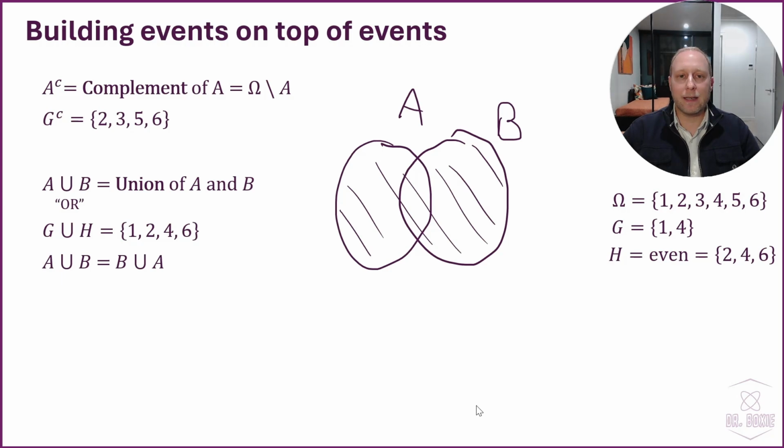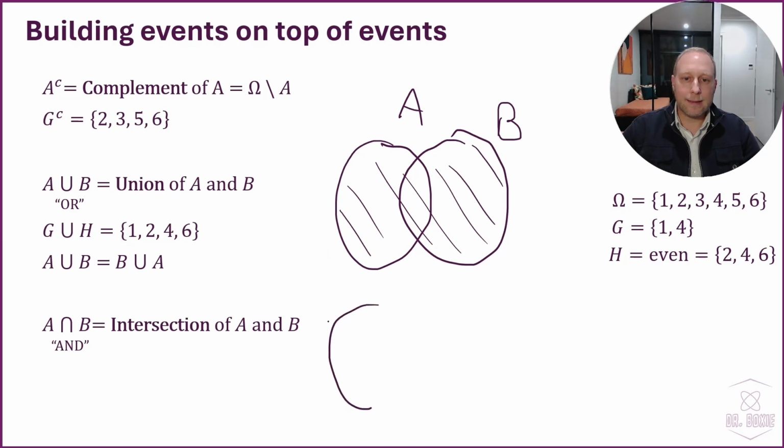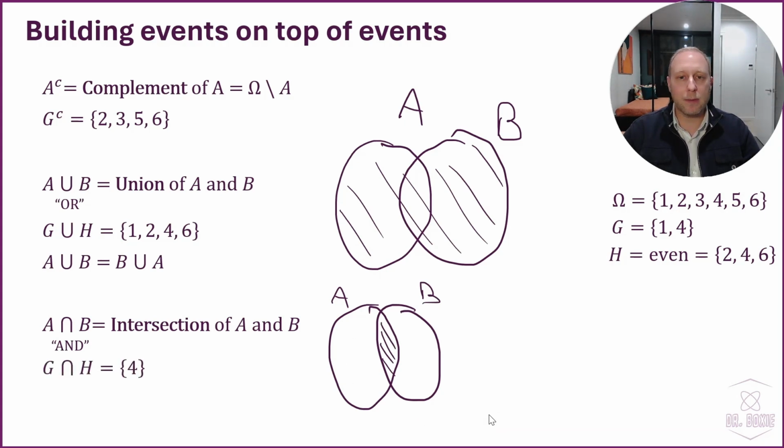A third way of creating an event based on previous ones is using the intersection. A intersected with B, read as A and B, is the event that has as its elements only those elements that are included in both A and B. So it's only this part here. So again, for G and H as I took them before, G and H is only 4 because it is the only element of the sample space that is included in both G and H. And just like before, whether we look at A and B or at B and A, the resulting event is the same one, namely the intersection of those two events.